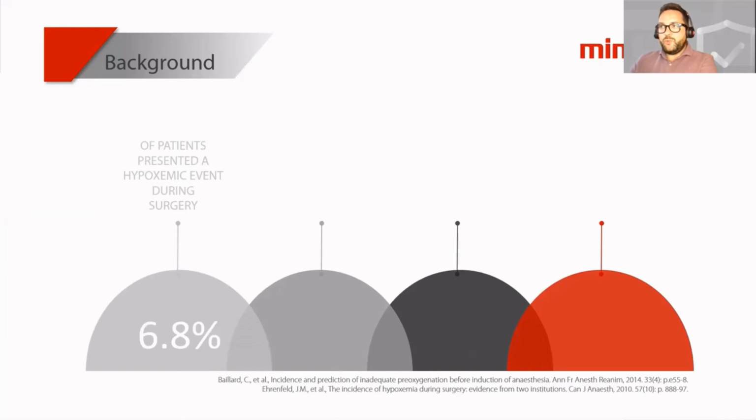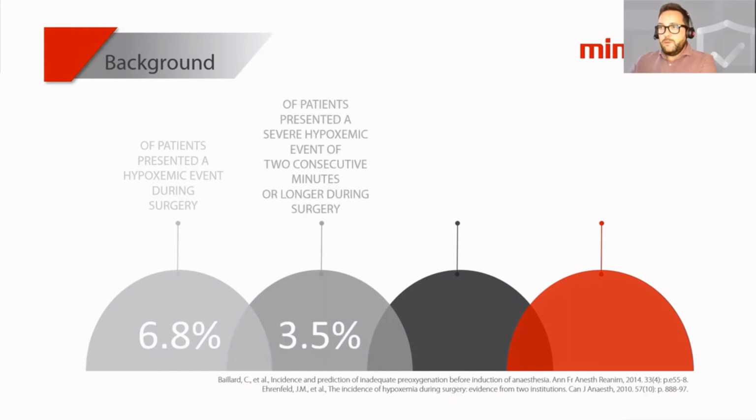Based on a large retrospective study, including more than 95,000 electronic anesthesia records in France, 6.8% of patients presented hypoxemic events during surgery. The same study also showed that 3.5% of the patients presented a severe hypoxemic event of 2 consecutive minutes or longer during the surgery.